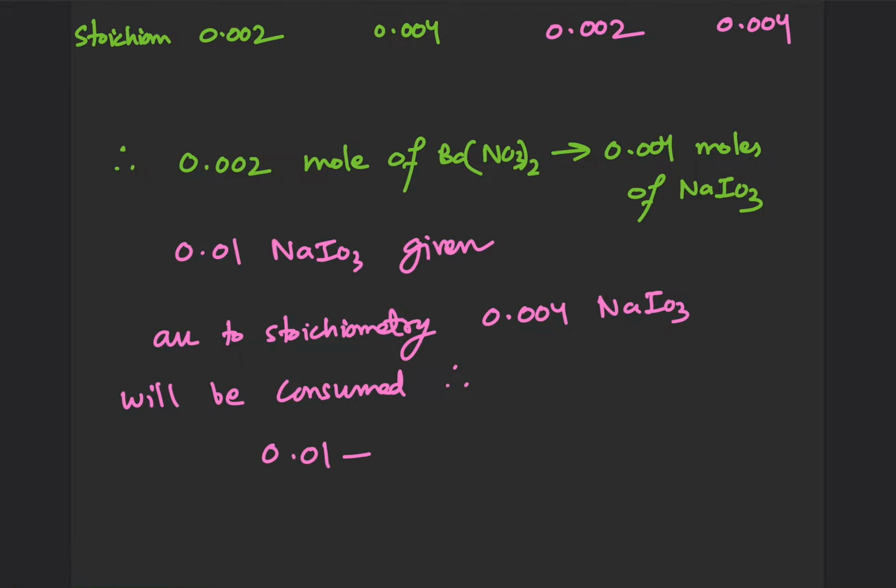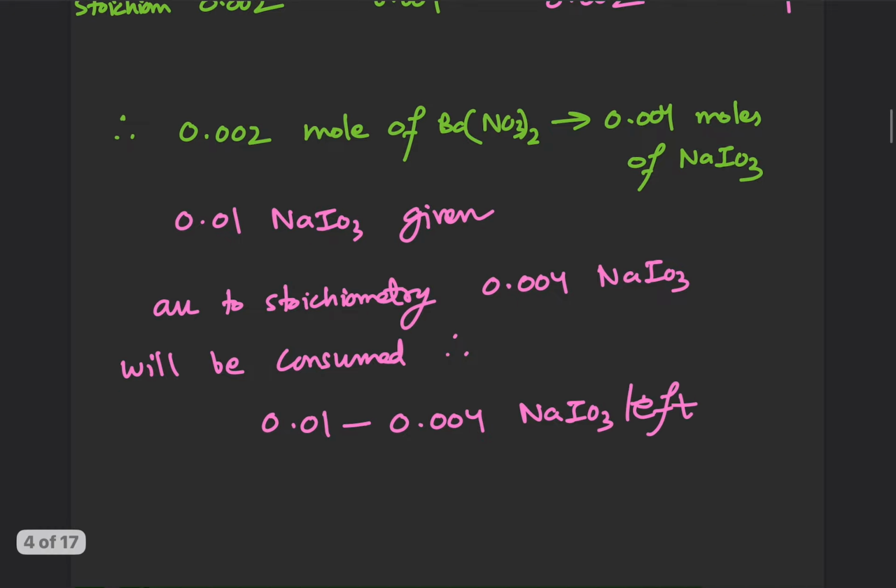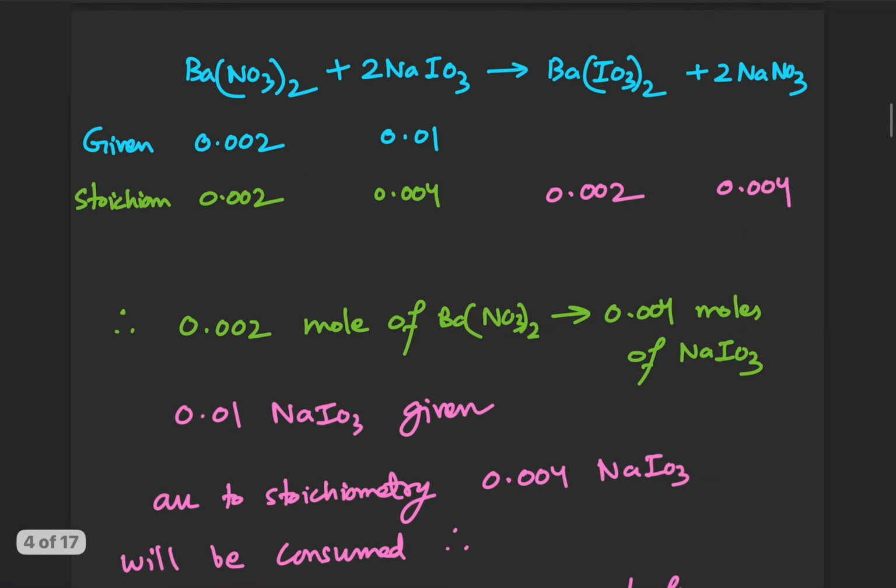Therefore, 0.01 minus 0.004 NaIO3 will be left, which is 0.006, right? So therefore, after the reaction, we will be left with 0.006 moles of NaIO3, right?